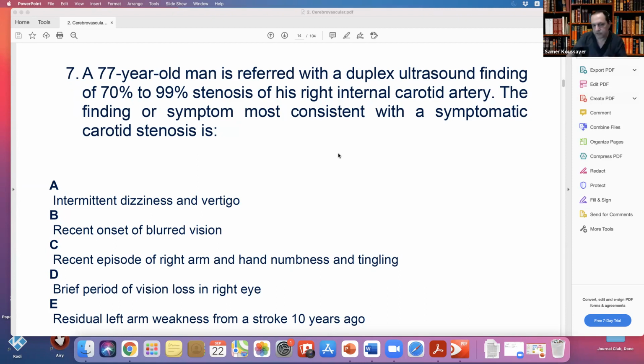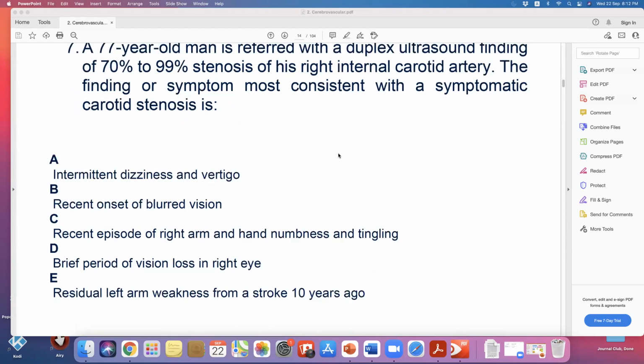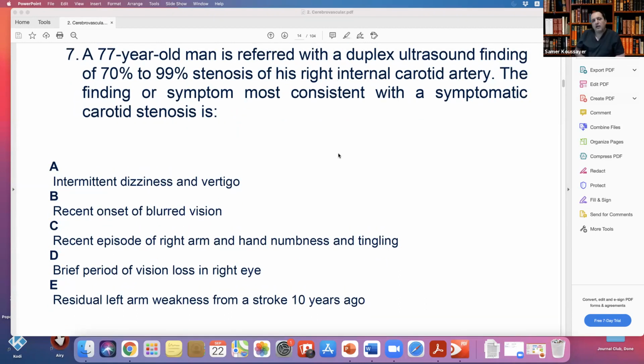This is very important here because a lot of patients come to our clinic, okay? And he has, like this one, 90% stenosis of the right internal carotid artery, and an MRI which showed he has a stroke on the right side like 10 years ago. Do we consider this guy symptomatic or asymptomatic? We should consider asymptomatic. Why is that? Because when we talk about symptoms in all these trials, they talk about recent symptoms.